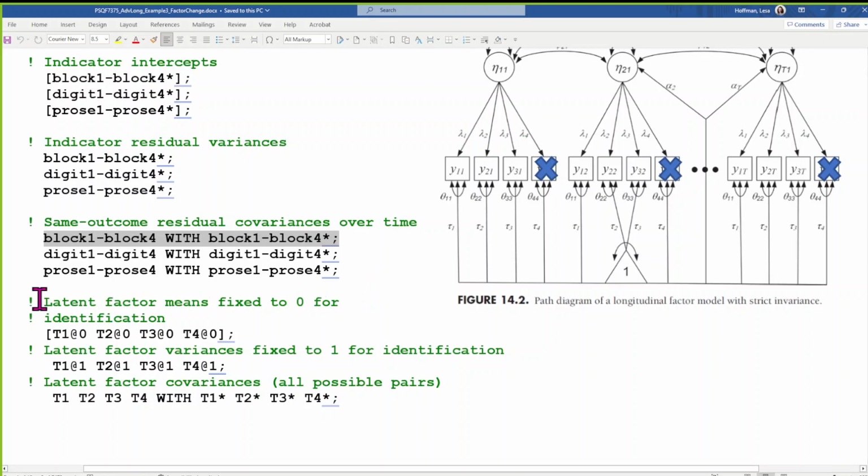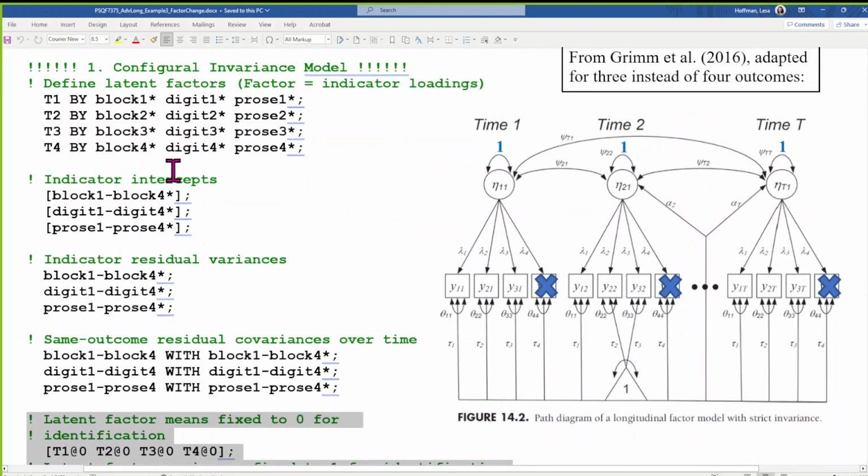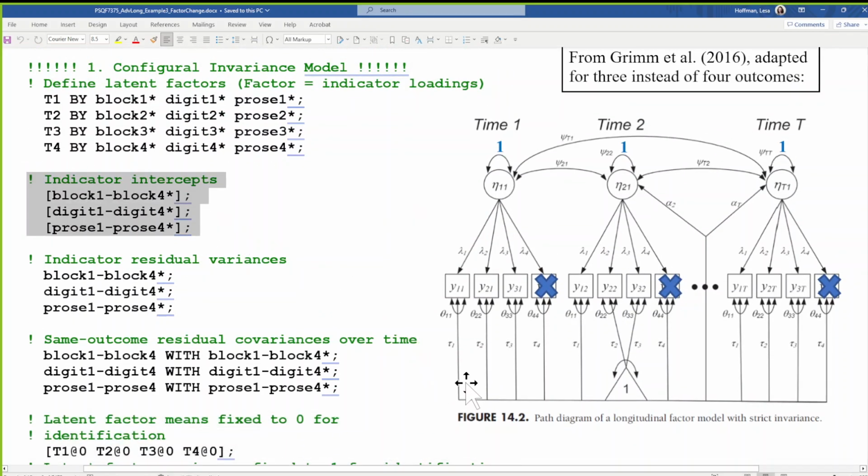Okay, then we get into what I would call the structural model, which are the parameters that relate to the latent factors: means, variances, and covariances for the latent factors. Oh, I forgot. In the picture, the intercepts are the paths from the triangle thing here. This triangle convention is something that I really hate, but it's introduced to be able to put a place to put the intercepts or the means in a picture.